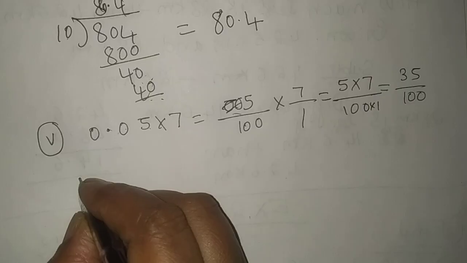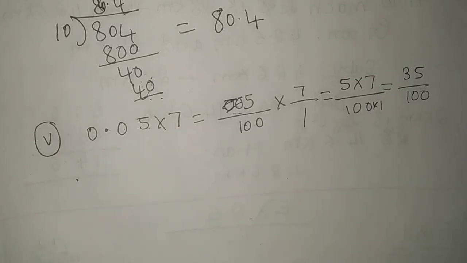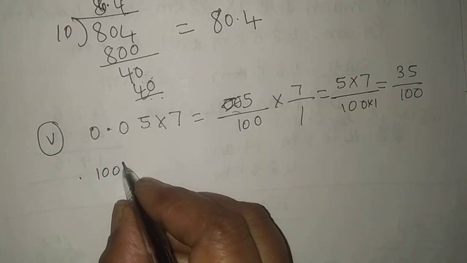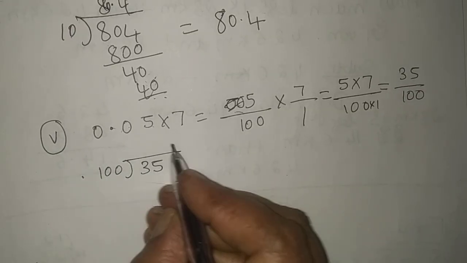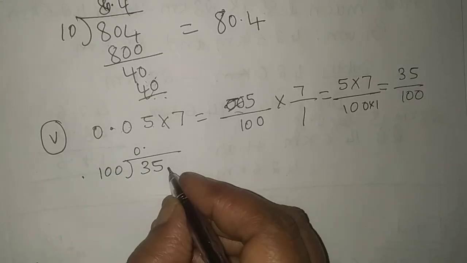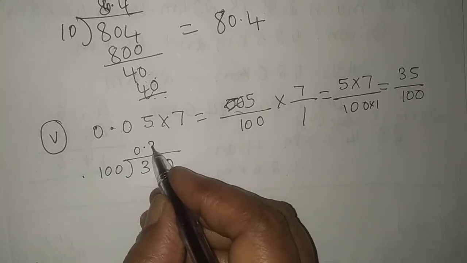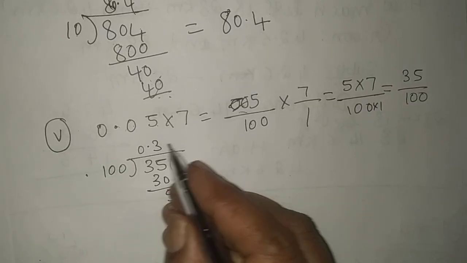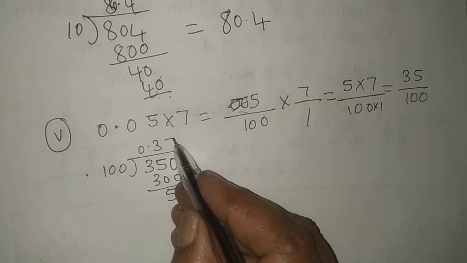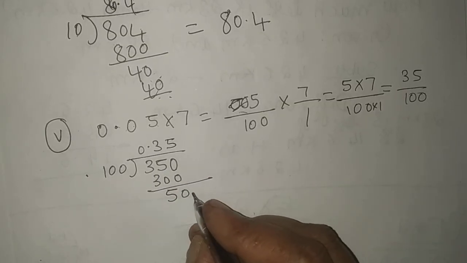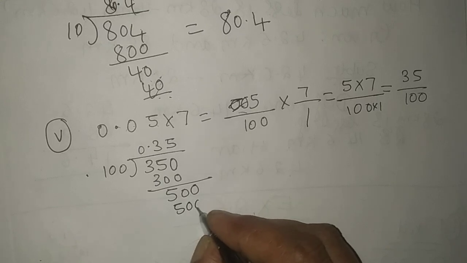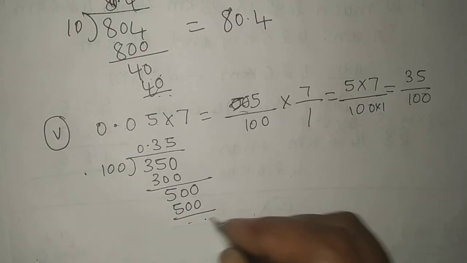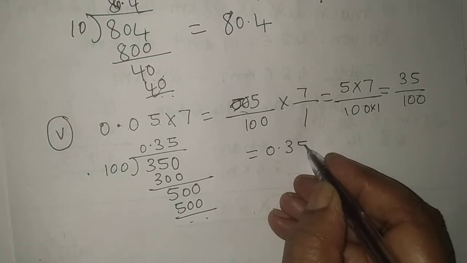This you can write directly as 0 point, like this it will come. 100 divided into 35: first put 0 point and 0 here, 3s are 300, then 50 remainder, again 5s are 500. Therefore here we get 0.35.